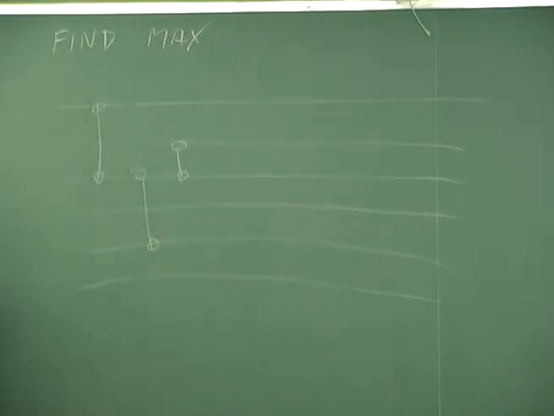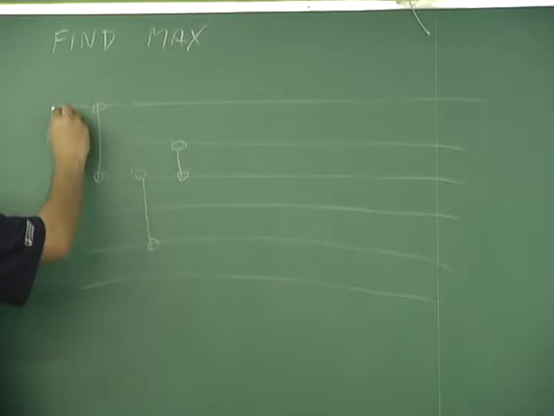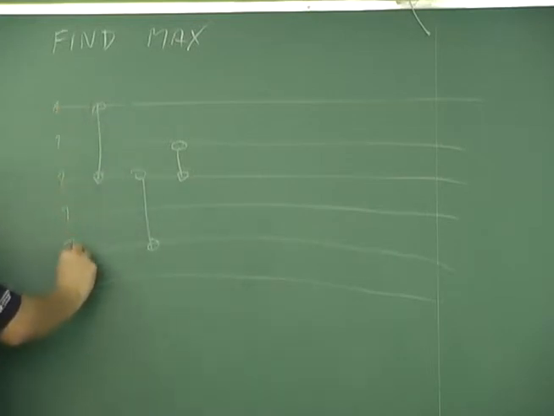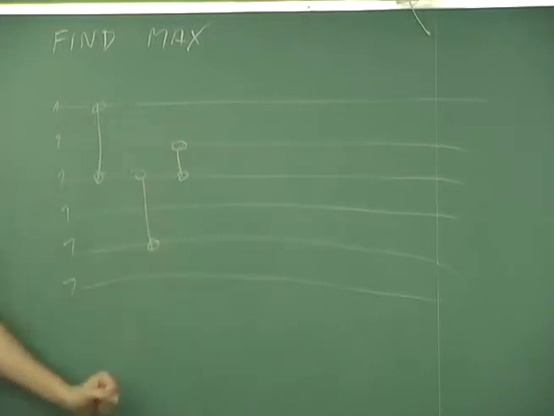What we will be doing is maintaining a set of wires where the maximum can be present. At the beginning, the maximum can be anywhere, right? And now we will be processing the comparators from the left to the right, and each time we will update this set.